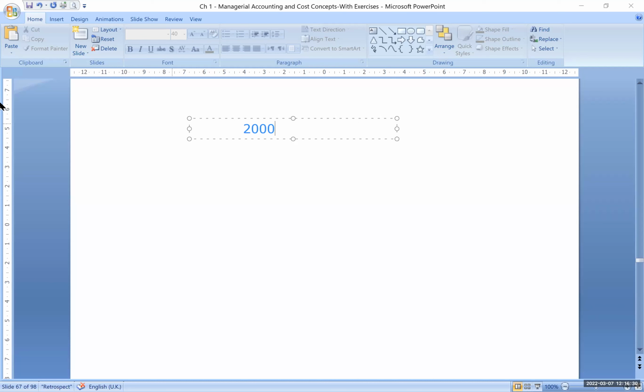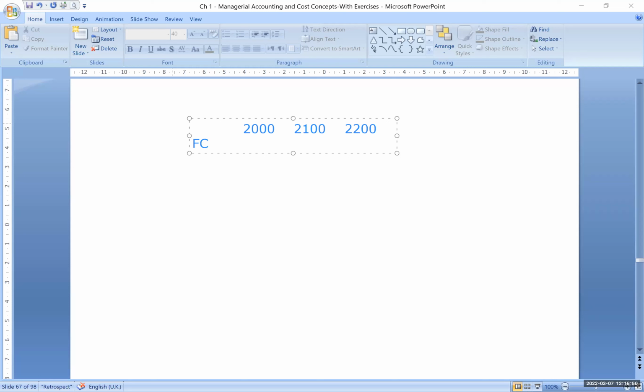The three levels of activity are 2,000, 2,100 and 2,200.